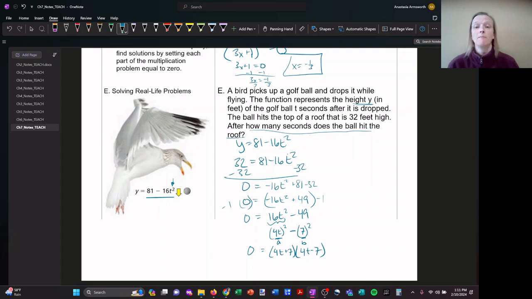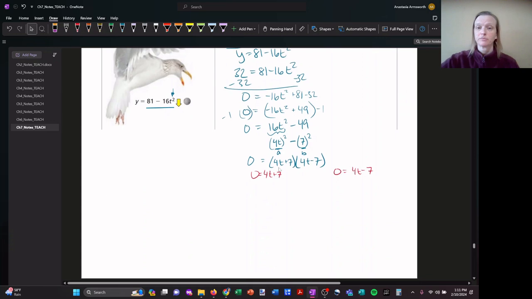So I now use the zero product property to find out what the value of t is. Either 4t plus 7 equals 0, or 4t minus 7 equals 0.